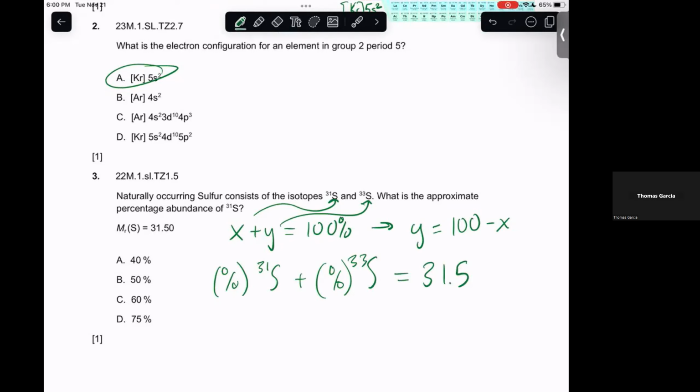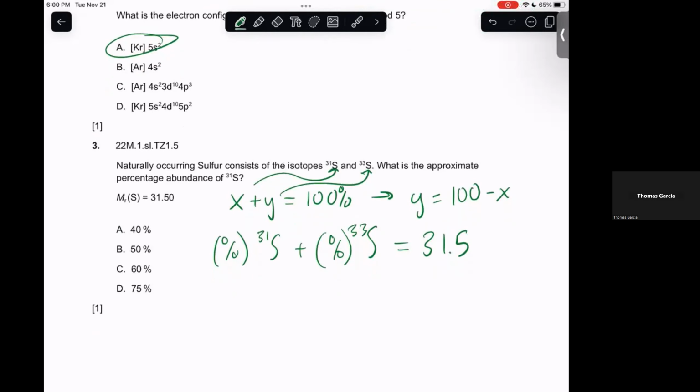So we could do it this way, and then we get x times 31, representing the mass of sulfur 31, plus 100 minus x, representing the percent abundance of sulfur 33, is equal to 31.5.